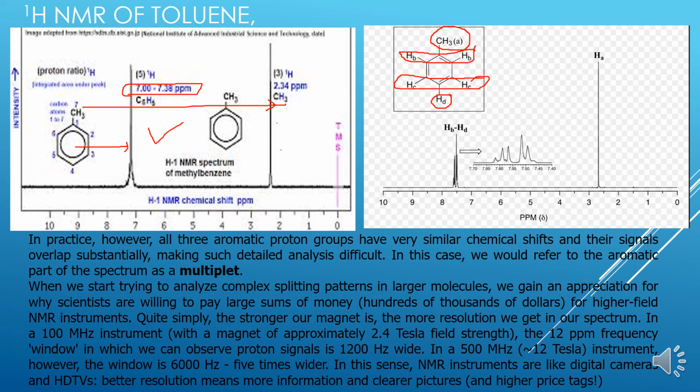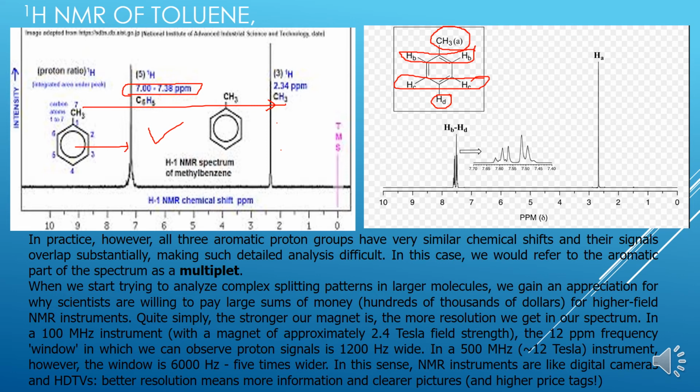In practice, remember, all three aromatic proton groups have a similar chemical shift and their signals overlap substantially, making such detailed analysis difficult. In this case, we would refer to the aromatic part of the spectrum as a multiplet.